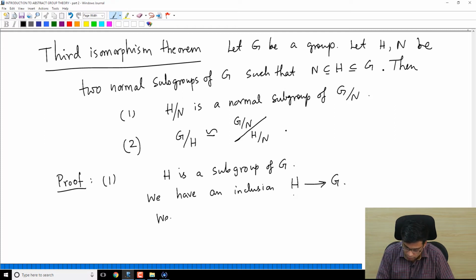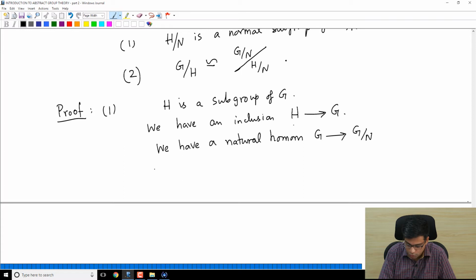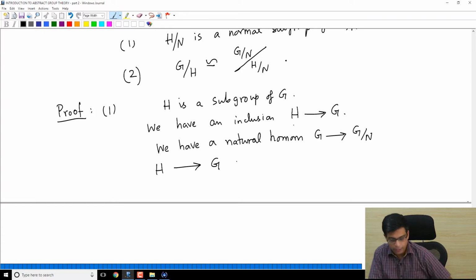We also have a natural homomorphism G to G mod N. So let's put these two things together. We have H to G, which is the natural inclusion, so in particular it is an injective map, a one-to-one map.